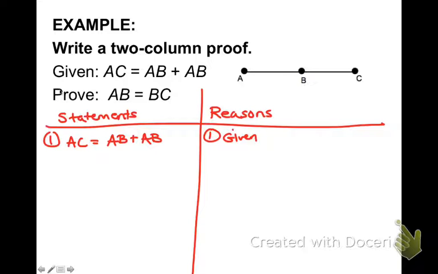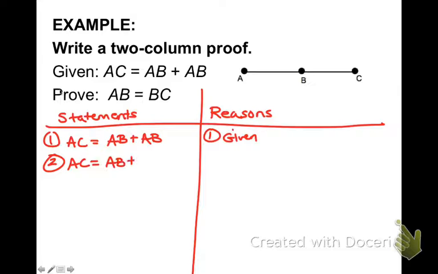And to introduce it, we're going to use the segment addition postulate, because we're dealing with segments. Well, what does my segment addition postulate state? What's equal to what plus what? I'll help you out. AC is equal to what plus what?